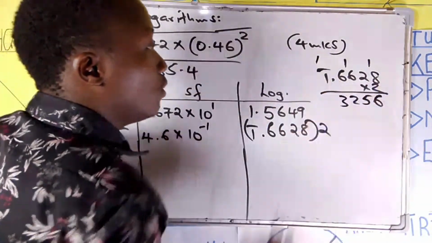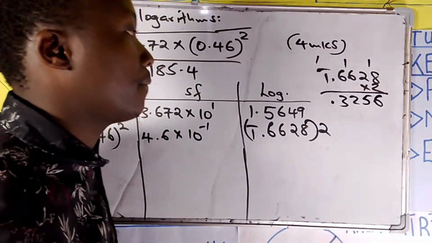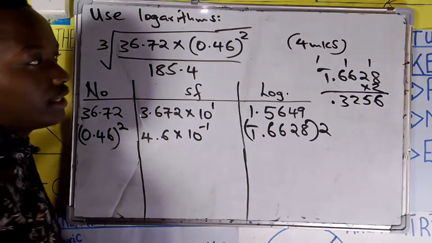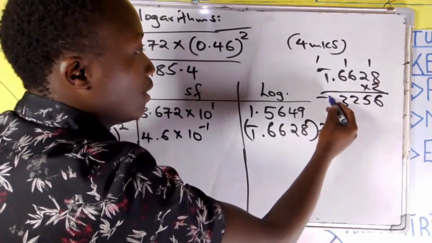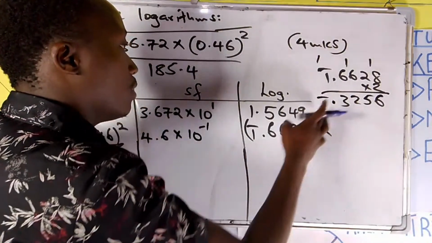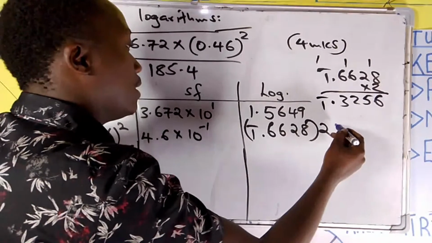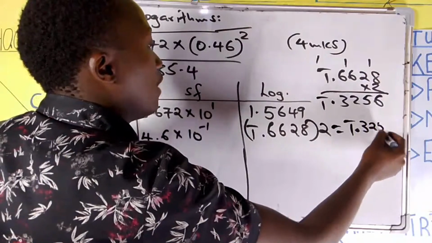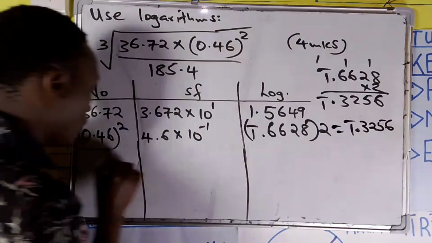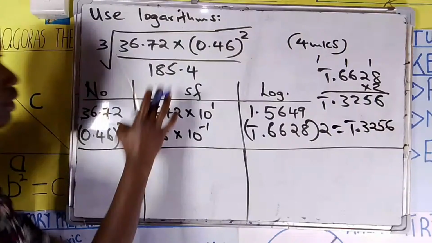Negative 1 times 2 is negative 2. Negative 2 plus 1 is negative 1. So it will be bar 1. So all this, when you multiply, gives bar 1.3256.